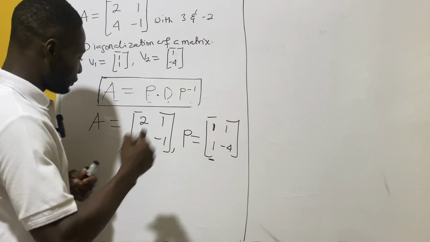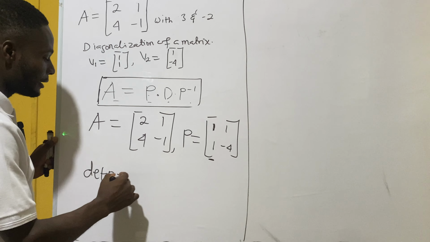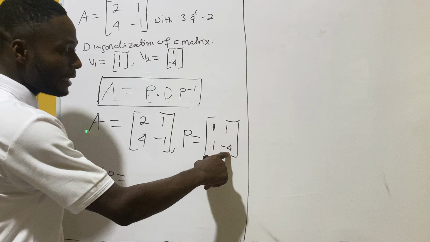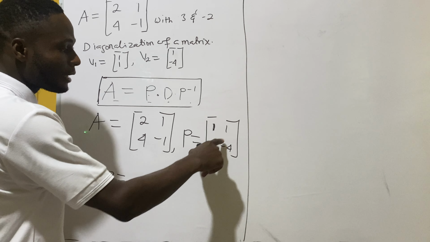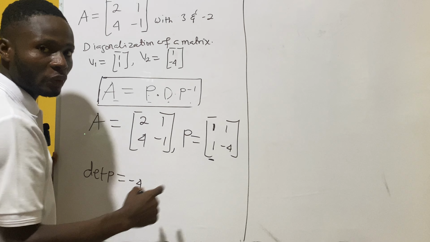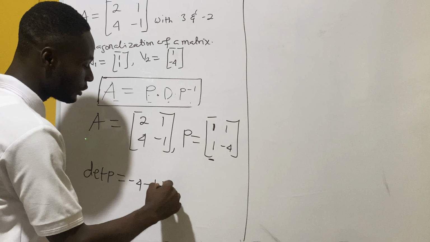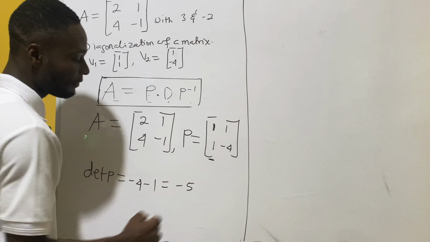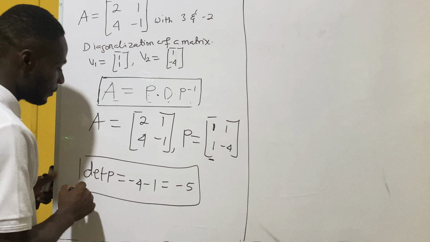So we find the determinant of P right here: negative 4 times 1 is negative 4, minus 1 times 1, because off diagonal we take negative, so it's going to be minus 1. So that is going to be negative 5.